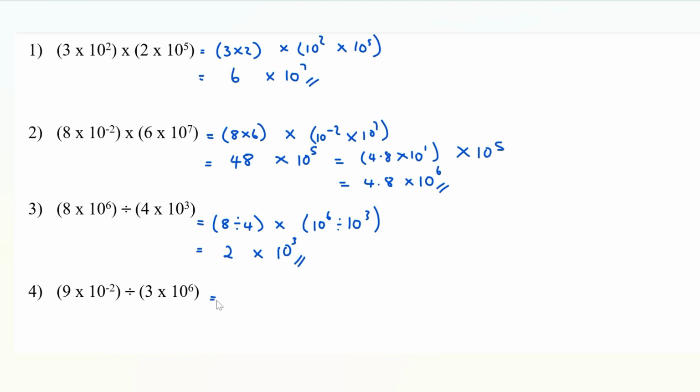Now the last question, we are dividing again. This is 3 multiplied by 10 to the power of minus 8. A is between 1 and 10, so that's our final answer.